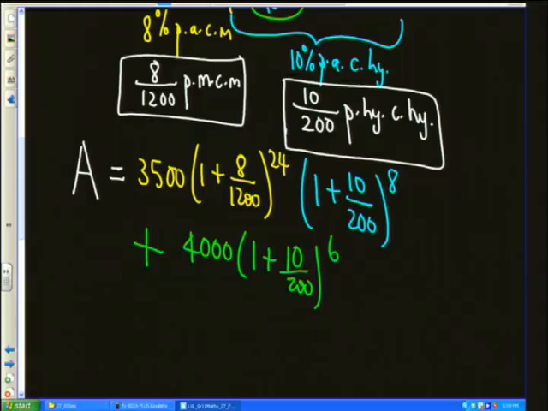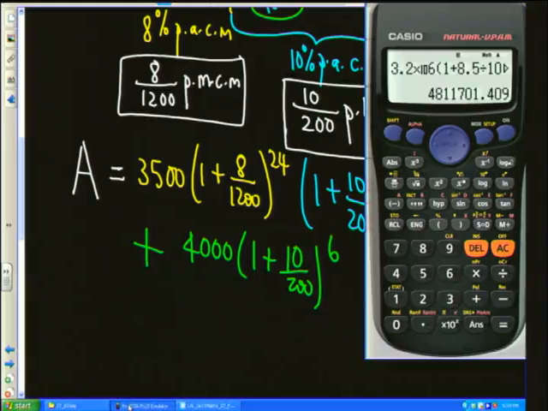Once I've got my formula, I can now go to my calculator, and we'll start with my 3,500 that I'm going to multiply into 1 plus 8 divided by 1,200, and that's to the power of 24. And then I'm going to multiply that by 1 plus 10 divided by 200.